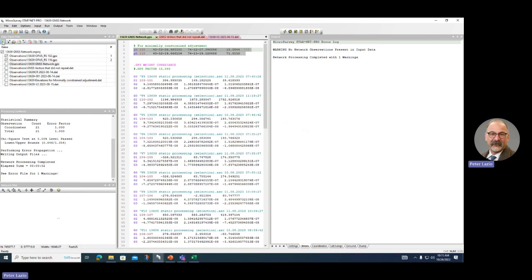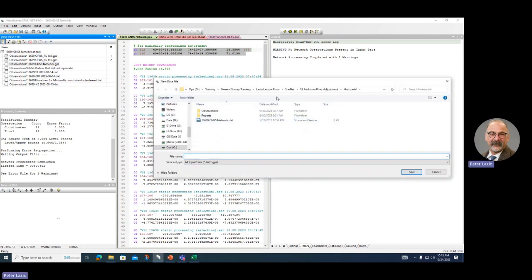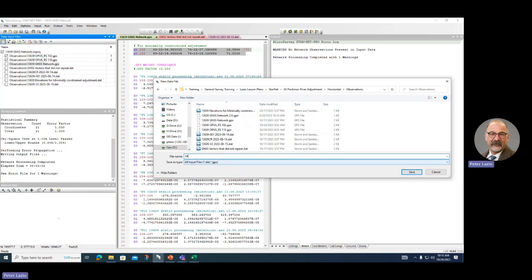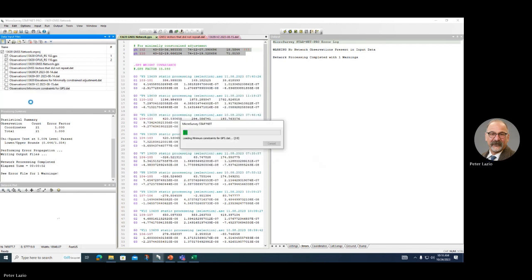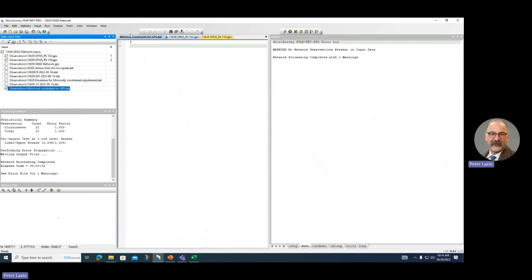I came over here to new file. Minimum constraints. I'll move that up.